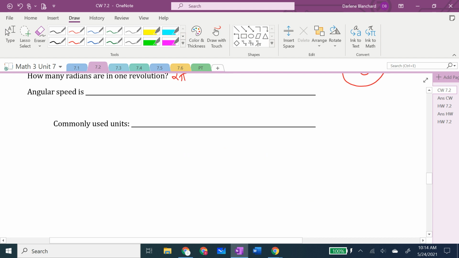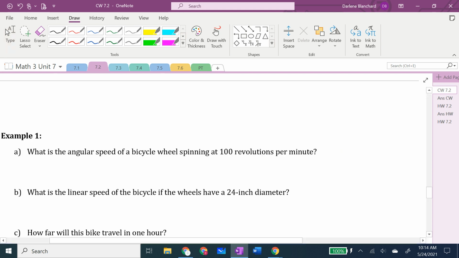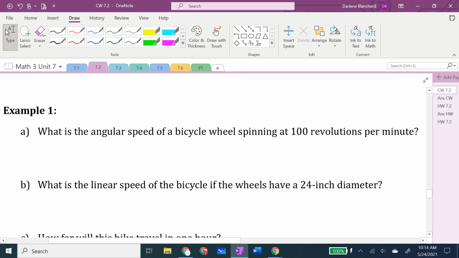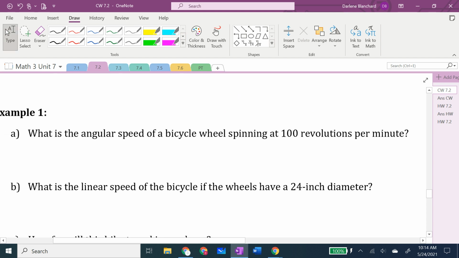Now, I believe I finally am ready for the examples. Here we go. So, example 1. We want to find the angular speed of a bicycle wheel spinning at 100 revolutions per minute. So angular speed is how quickly it turns. We're looking at the turning speed.